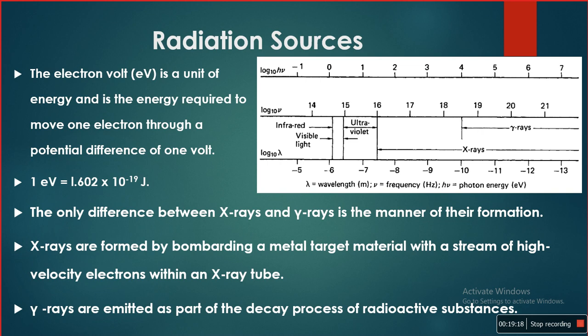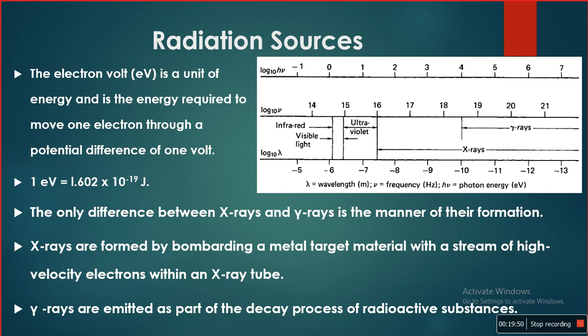On the other hand, gamma rays are emitted as part of the decay process of radioactive substances. Means a radioactive substance as it is can be used to generate gamma rays. So radium is a natural source of radioactive rays or radiation.